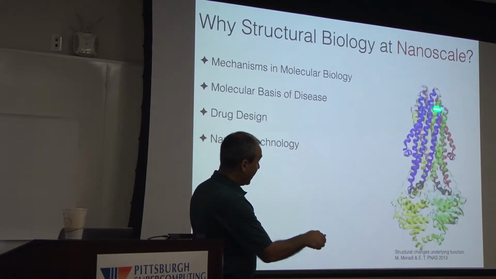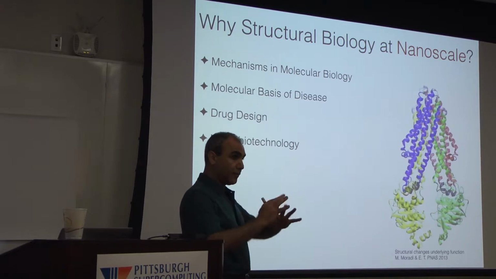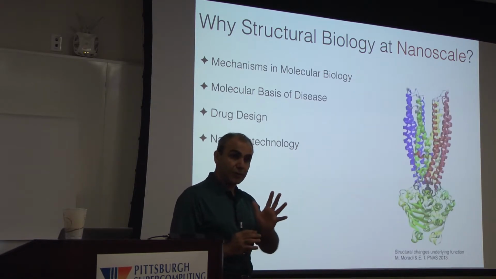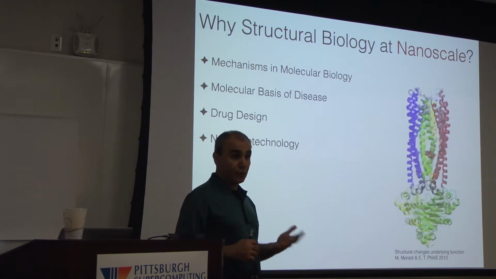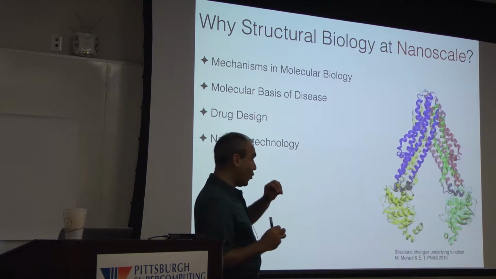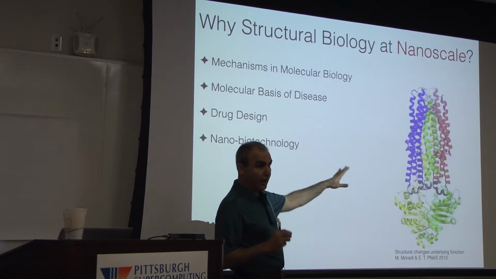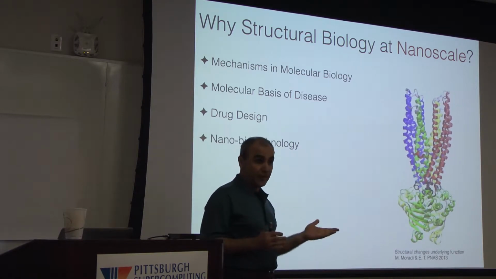Whereas if I can use my simulation to characterize all the intermediates, all the conformational states involved in the function of this protein, I have many, many structures to work with. And my chance of finding a drug that only works with this protein and not 500 other proteins in the cell is much higher.